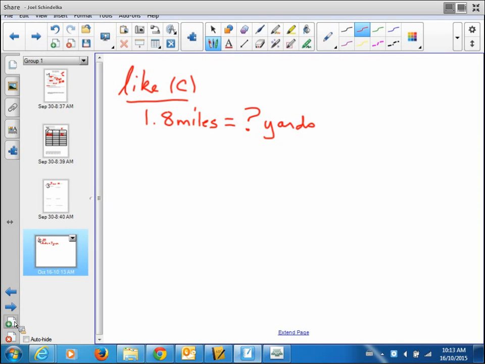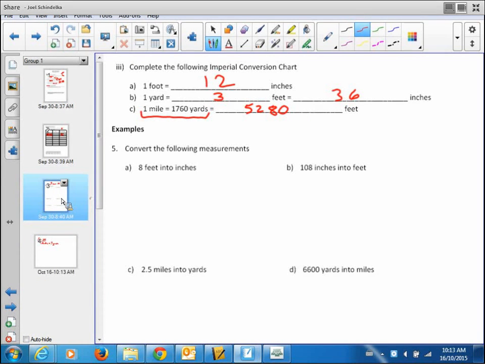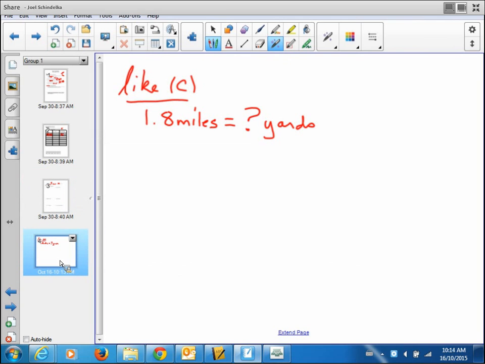Now, in order to do this, you have to look up from that chart, miles to yards. With me. 1 mile is 1,760 units. We're going to solve the problem the same way we have in the last 2 units. We're going to say, on one side, I'll make a fraction equal to another fraction, proportion. And 1 mile.